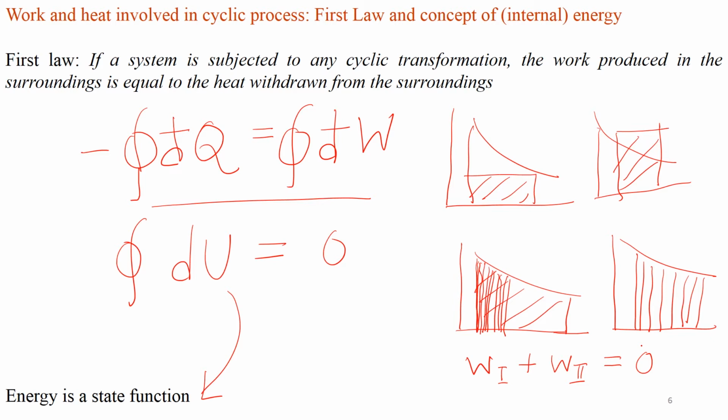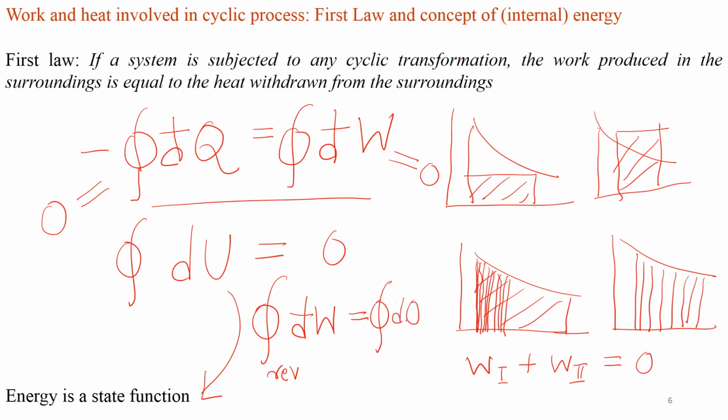So in this particular case, đW is equal to 0, and đQ also is equal to 0 for the cyclic process. For a reversible cyclic process, then we can write, for any reversible process, the integral is nothing but equal to 0.